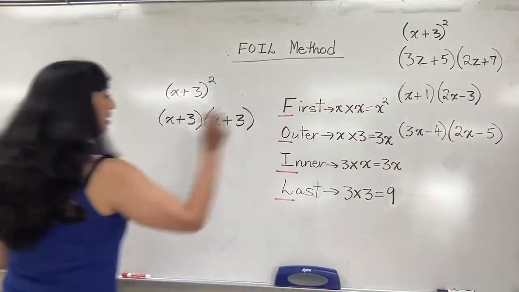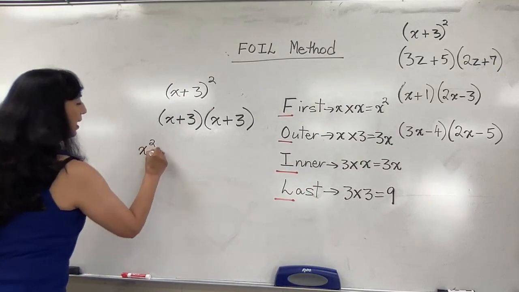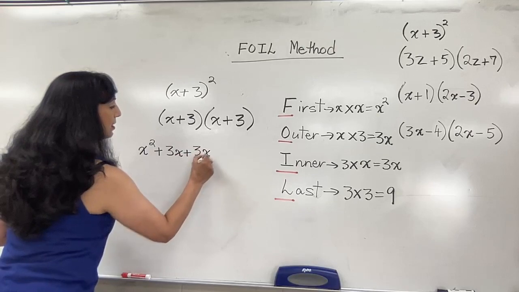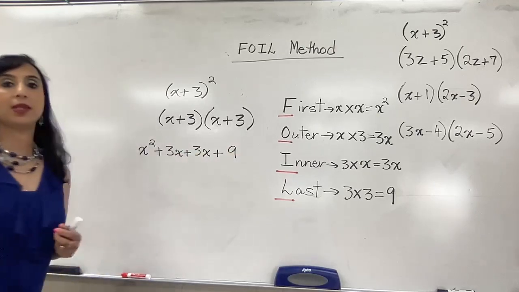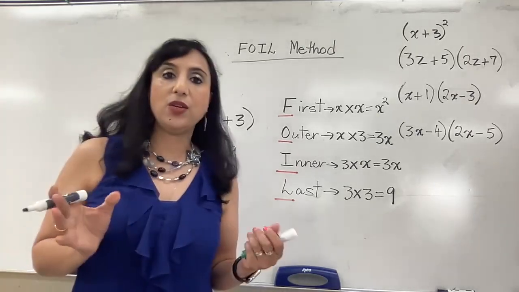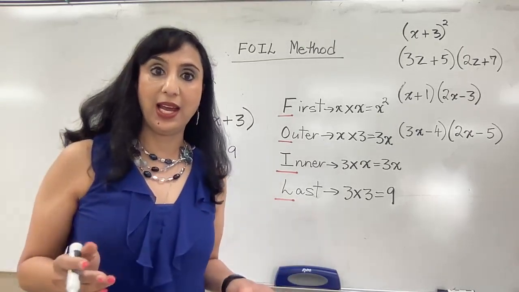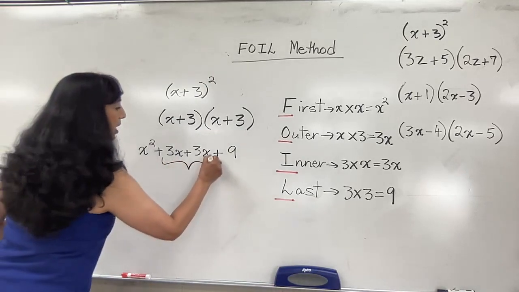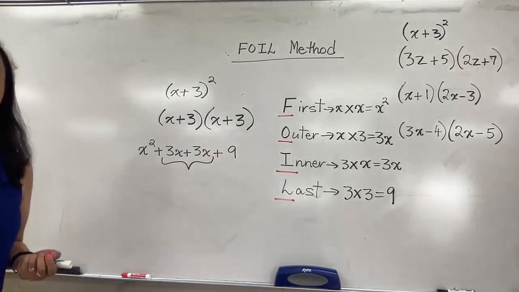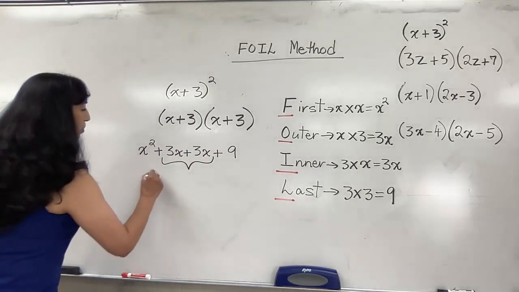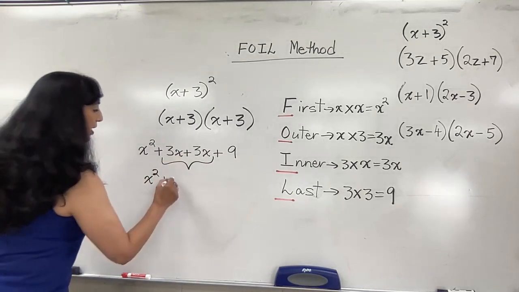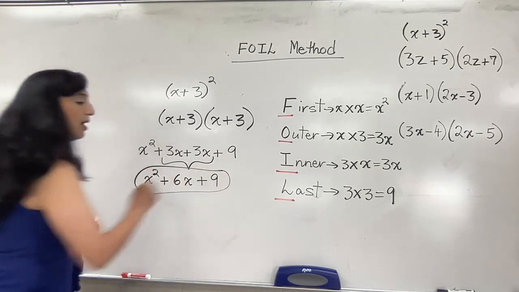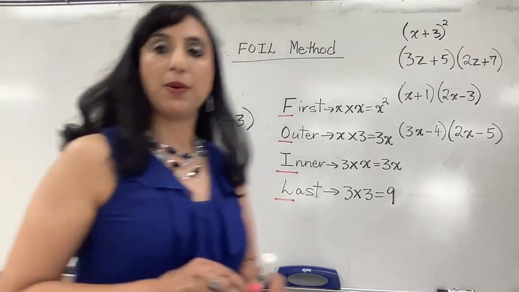So now I'm going to take all of these: x squared plus 3x plus 3x plus 9. Now I'm going to see where I have like terms that I can add or subtract. In this case, it's addition because these two are like terms. I combine them and I get x squared plus 6x plus 9. This is my final answer for this problem.